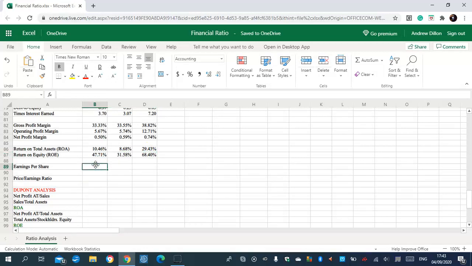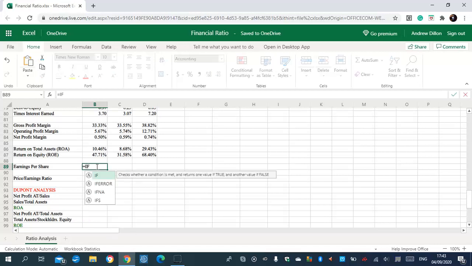Okay, earnings per share. Here's how to calculate the earnings per share. If statement.